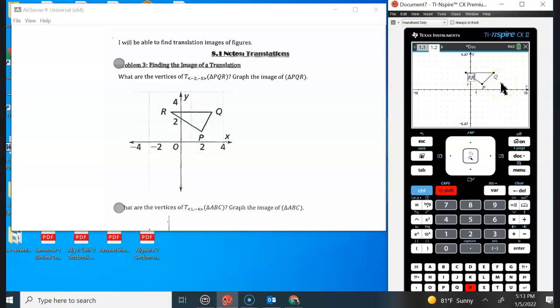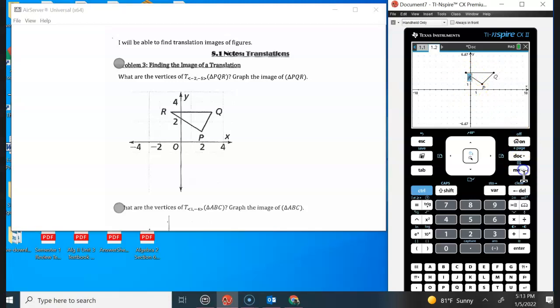There we go. That's R. So we have triangle PQR.